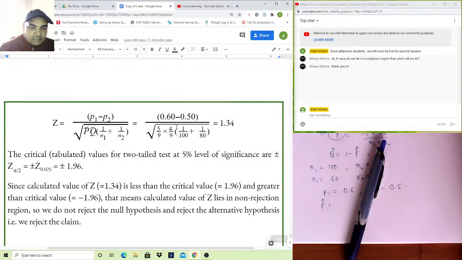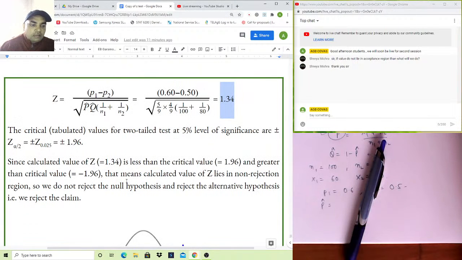We already have the formula for the Z statistic. When we put in these values, it came out to be 1.34, and the critical values at the 5% level of significance are from minus 1.96 to plus 1.96.